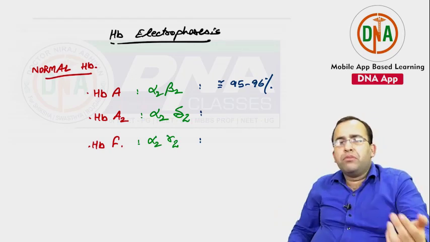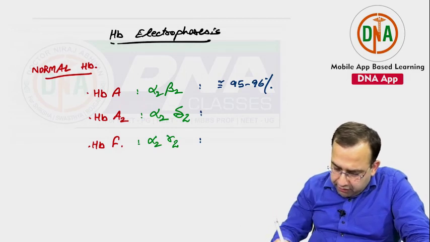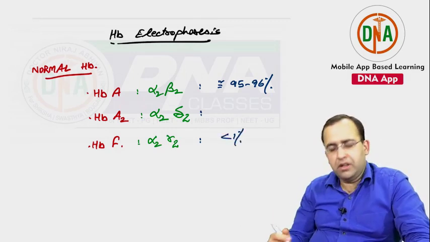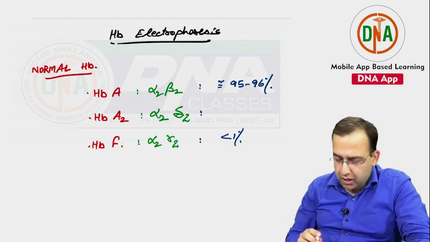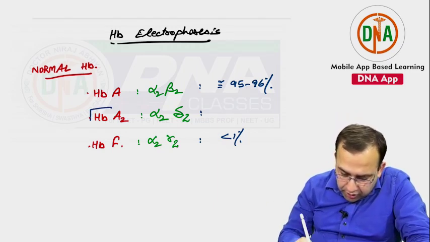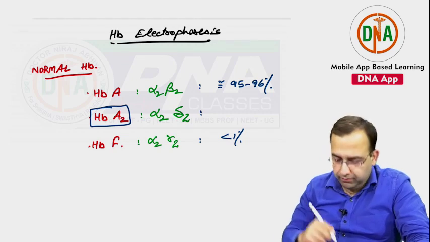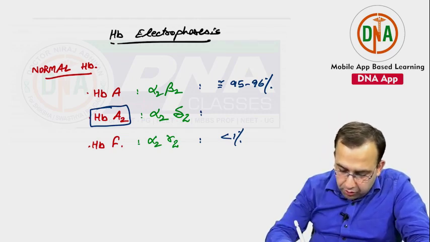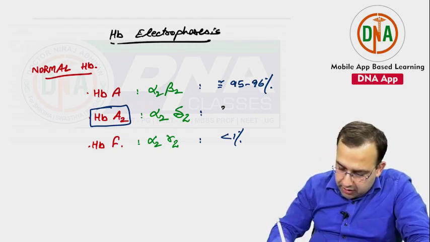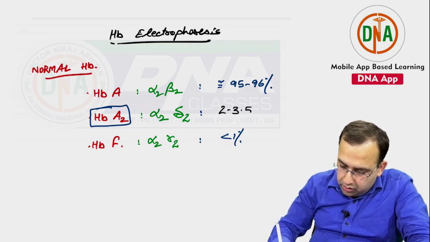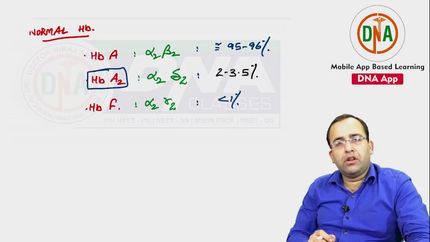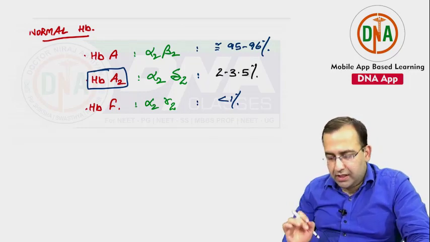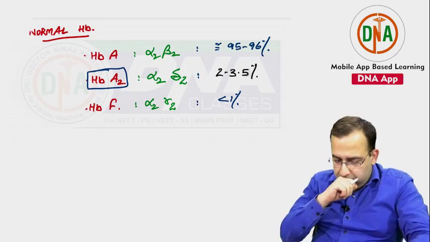So it depends upon the machine. HbF is less than 1%. So 0 to 1, 0 to 2, less than 1, less than 2, I'm okay with anything. What you cannot change is HbA2. Normal HbA2, put a double star, is 2 to 3.5%. This cannot be altered.